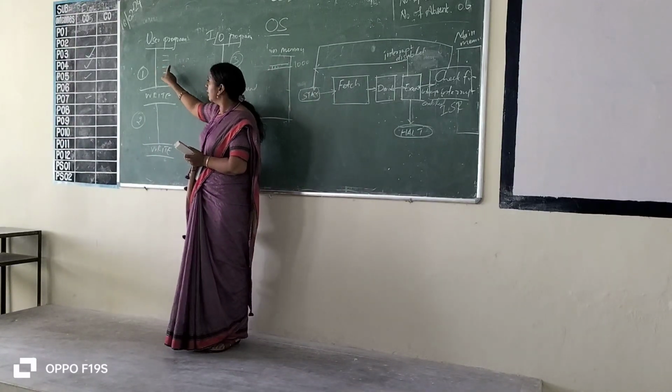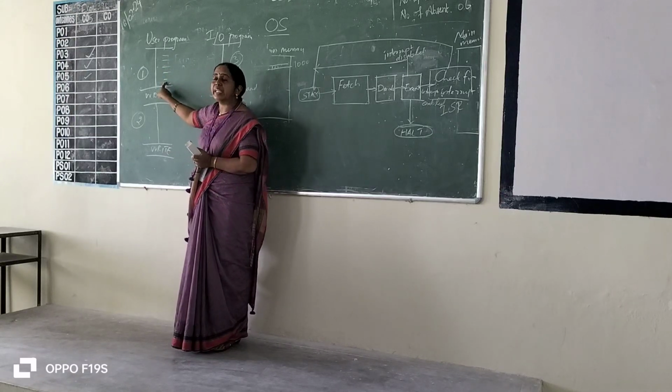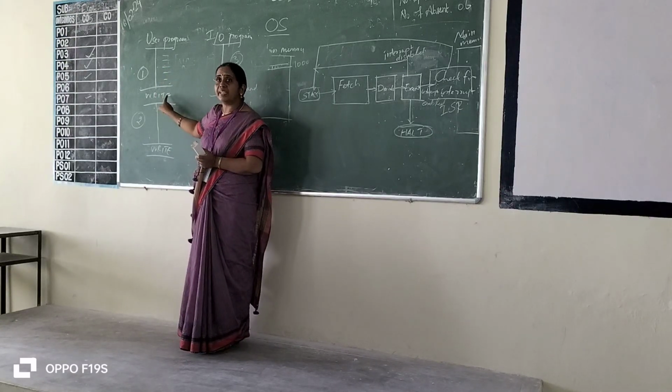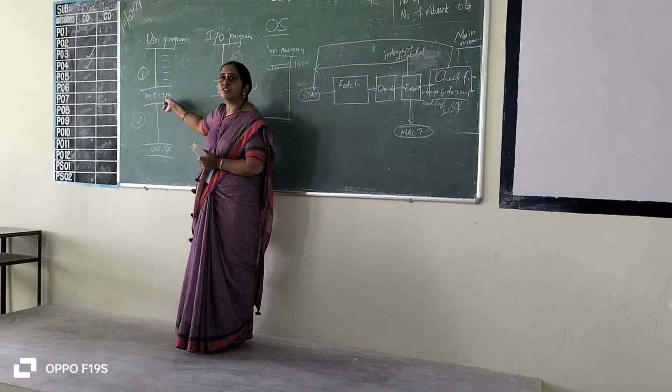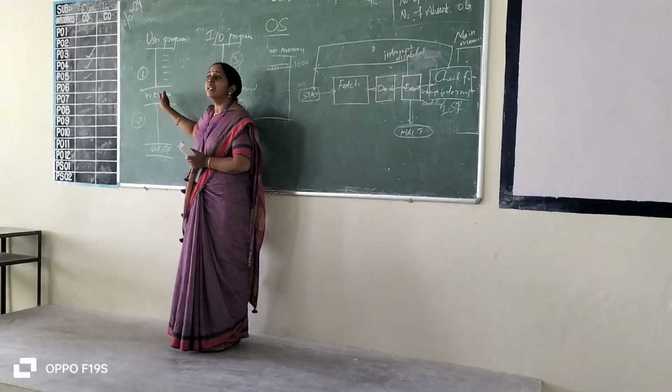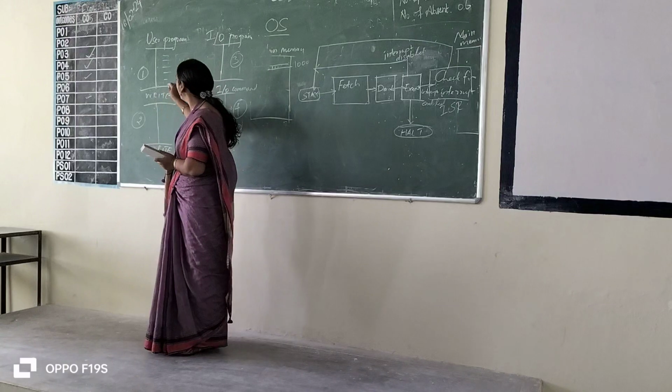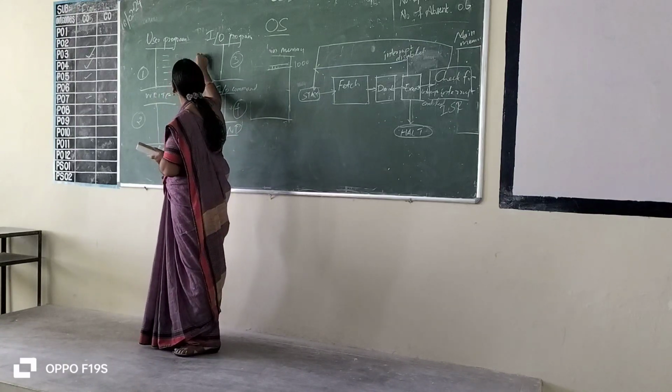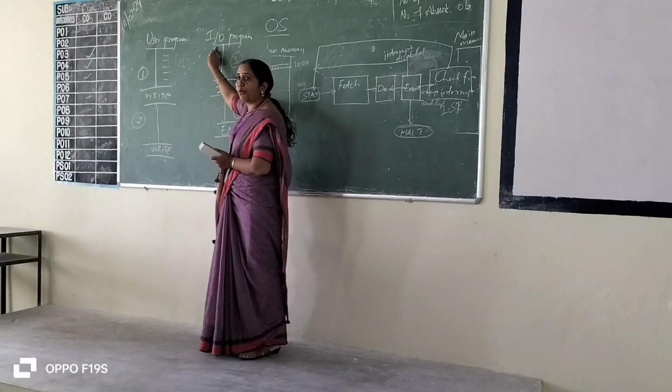After executing the sequence of statements in program segment 1, some I/O operations are needed in the user program. In that case, control will be transferred to this I/O program.